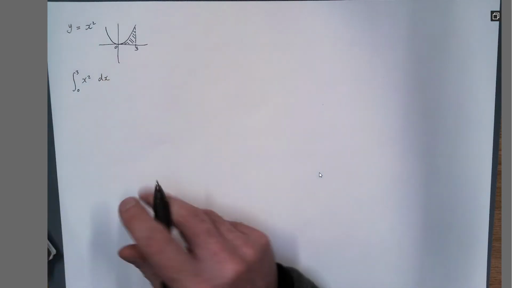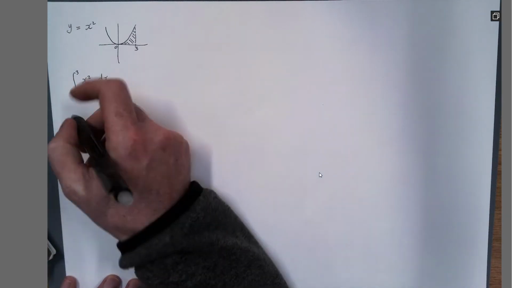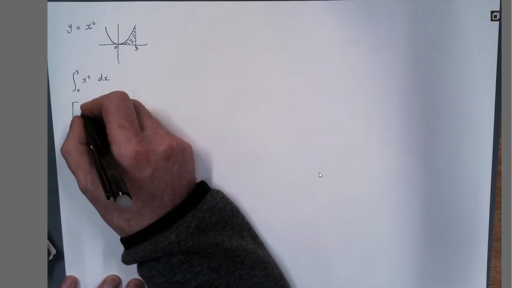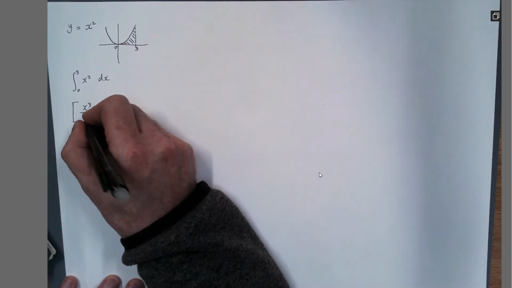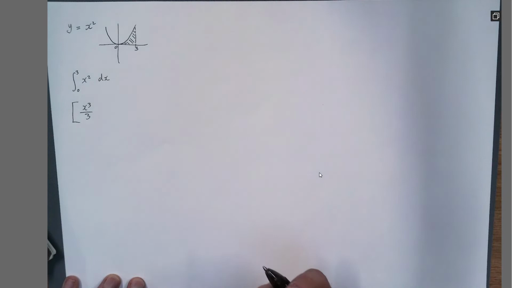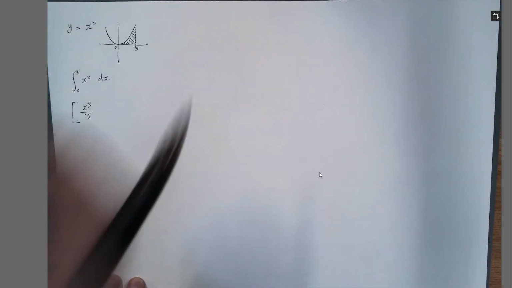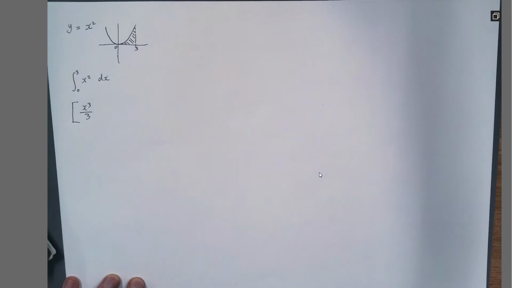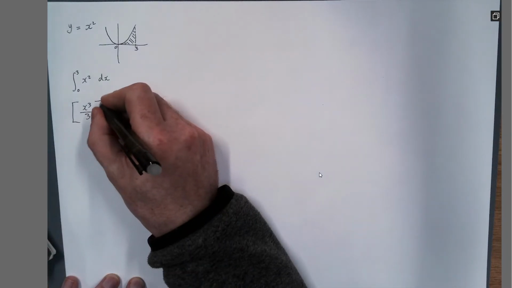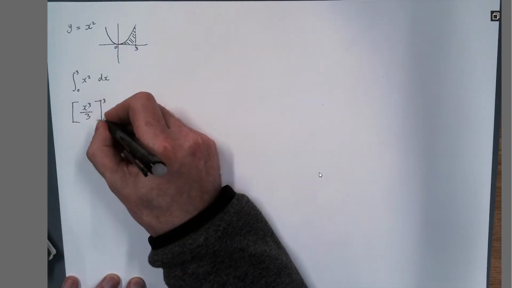Okay? Now, in the square bracket, x cubed over 3. Notice there is no plus c, because a definite integral gives an exact value. So we substitute in brackets, first 3, then 0.